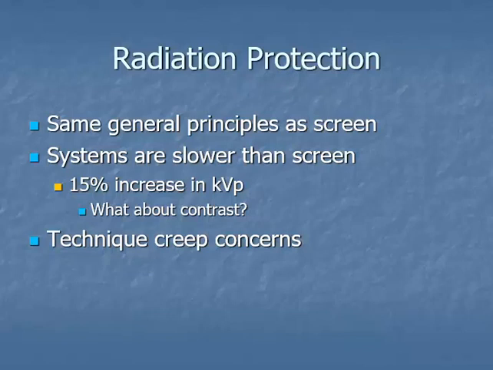We talked about the difference in contrast or how that affected contrast. Really not so much. We also talked about technique creep, or what we call dose creep. And that is to resist the temptation to shoot everything hot and have the system manipulate out the overexposure.